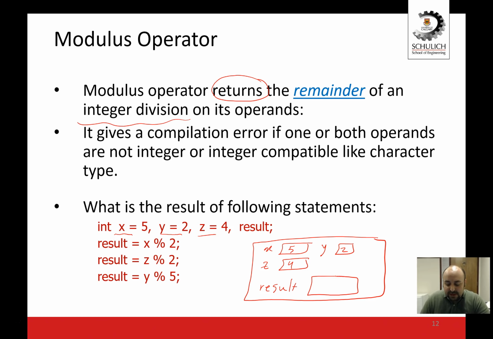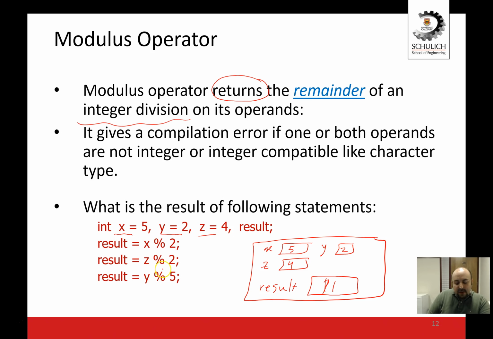What is inside result to begin with? Garbage. So we can say result equals x modulus 2. x is 5, and 5 modulus 2 is 1, so 1 is going to be placed here.